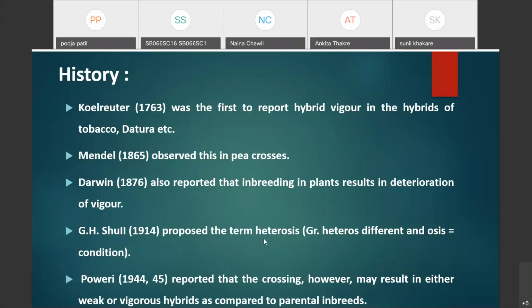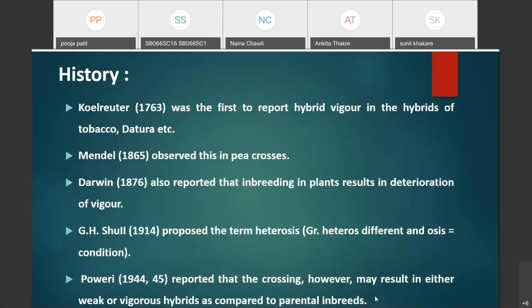Later on, Powers in 1944 and 1945 reported that crossing between two homozygous inbreds may result in either a weak or a superior, vigorous hybrid when compared to the parental inbreds.